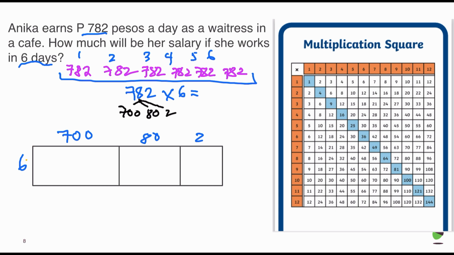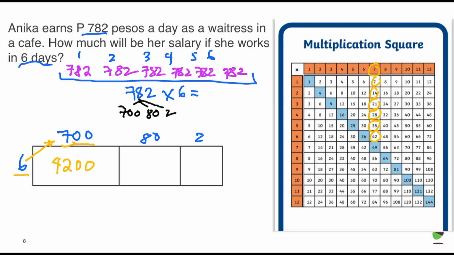So, let's start. 700, we repeat it 6 times. So, we have 7 times 6. 7, repeat it 6 times. 1, 2, 3, 4, 5, 6. We have 42. We have 42, and then the two 0s.